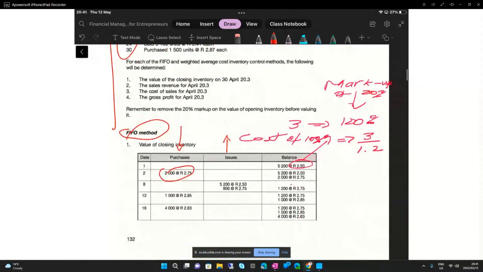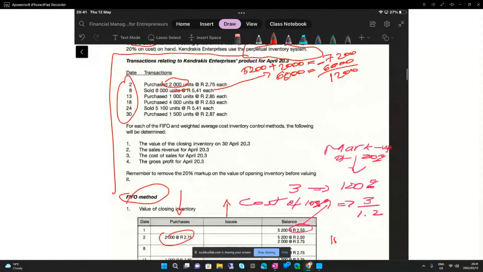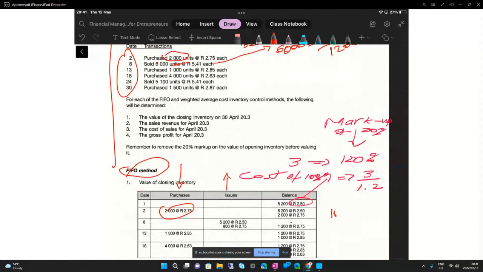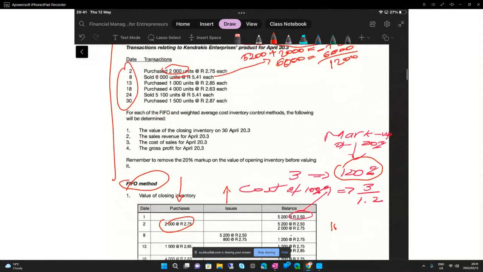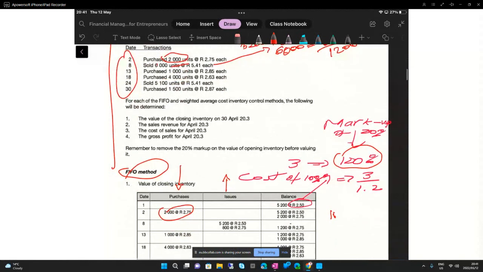So there is a markup, and I wanted to show you how to calculate this. The cost is 100%, and the markup is always above 100%. So if there is a 20% markup, it means that you have to look at the price, which is at 120%. The cost is 100%, and we add to that 100% cost 20%.